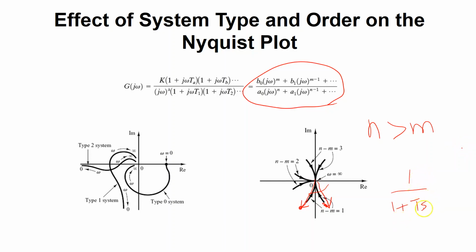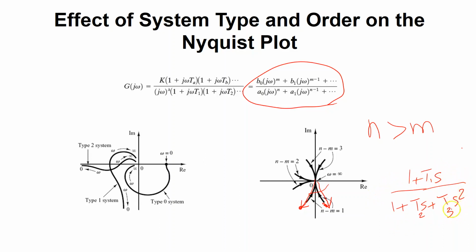Okay, so for example, if this is a system like this, or it could be something like 1 plus t1s divided by 1 plus t2s plus t3s squared, right? This is the same thing. n is bigger than m by 1, but we increased both orders by 1. So m is 1, n is 2, still n minus m is 1.